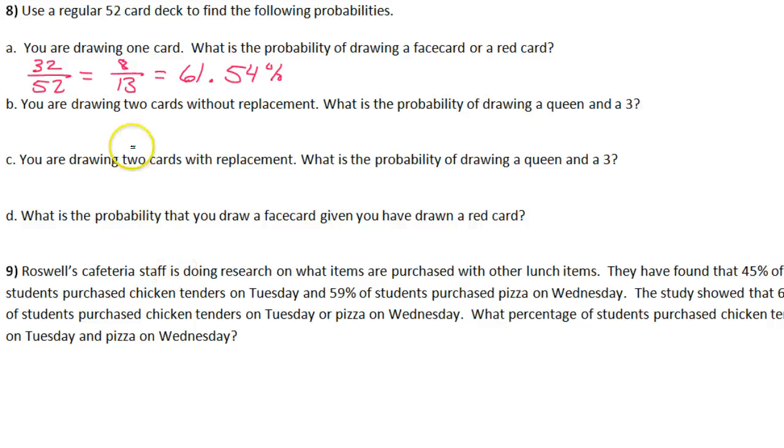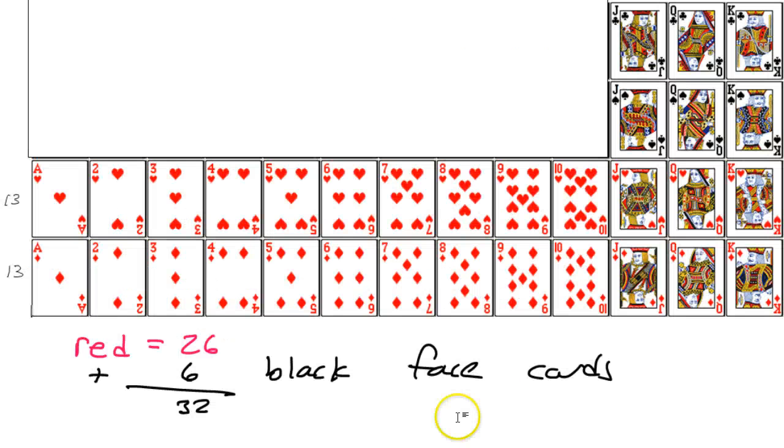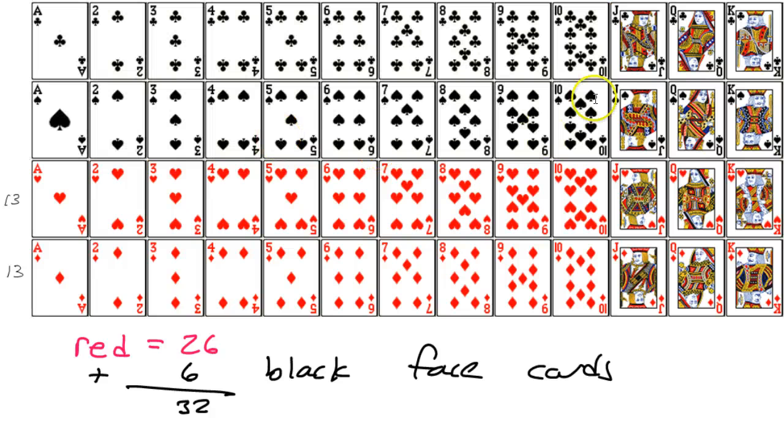Okay, so first, the probability of drawing a queen is going to be, let's see, how many queens are there? Alright, well there's 1 queen in every suit.